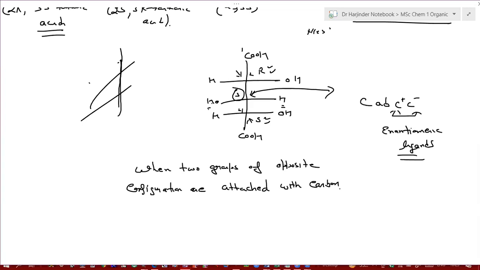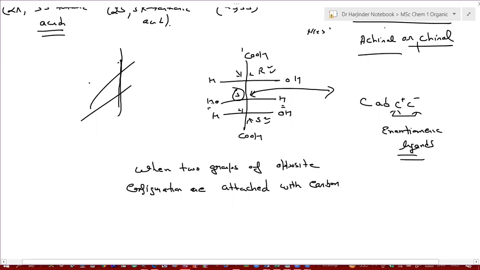Now what will you call that carbon? Chiral or achiral? Symmetric or asymmetric? It will be achiral.